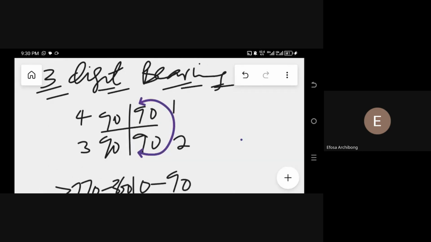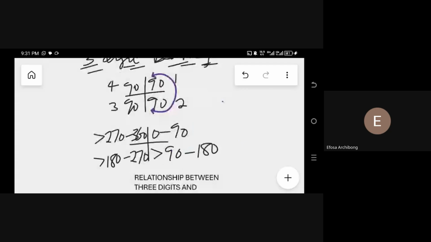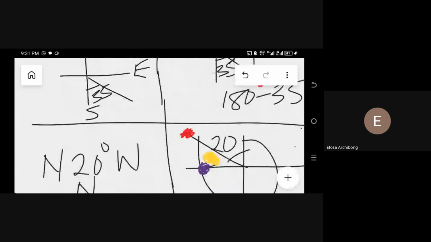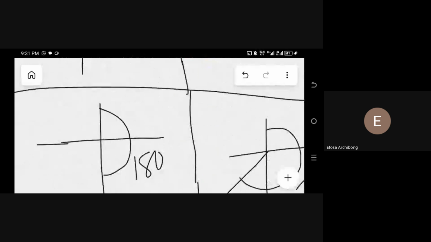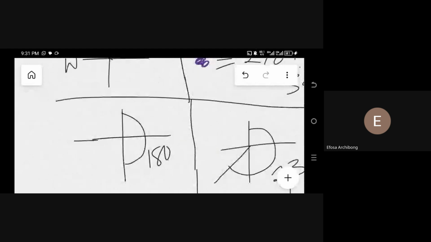So from the north down to the south is 180, right?